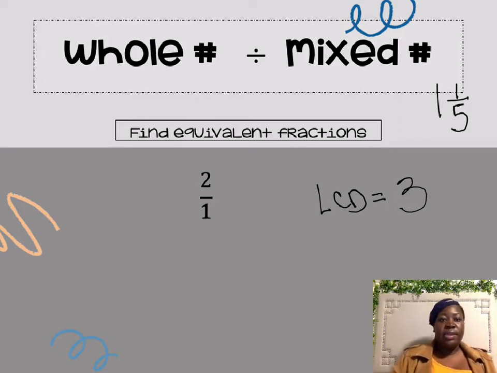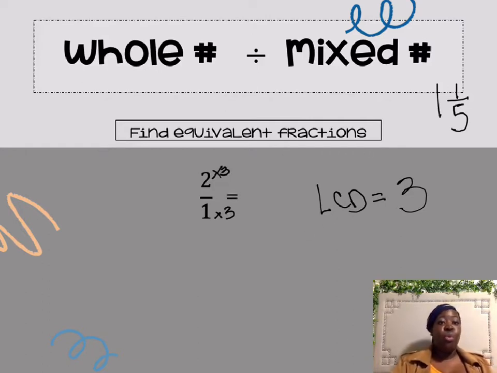Our LCD is now 3. 2 ones is how many thirds? Let's find out. We can do 1 times 3, and then we can do 2 times 3 as well.